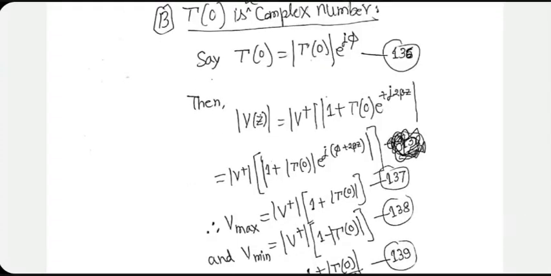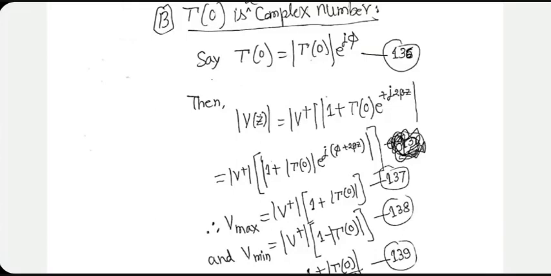Now, instead of e to the power j 2 beta z, we have e to the power j (phi plus 2 beta z). So the equation for maxima in the voltage wave will be e to the power j (2 beta z plus phi) equal to plus 1, and the equation for minima will be e to the power j (2 beta z plus phi) equal to minus 1.